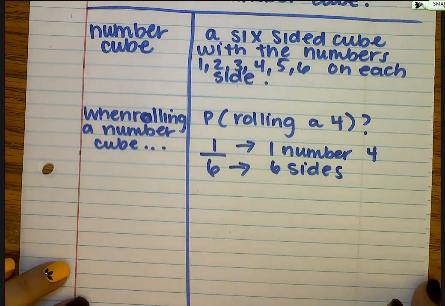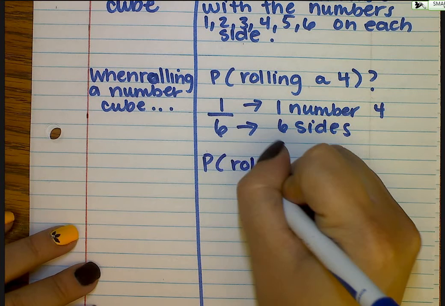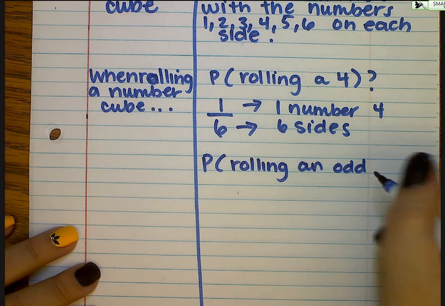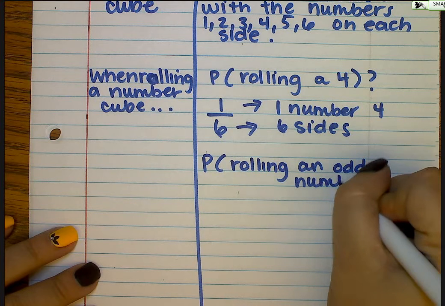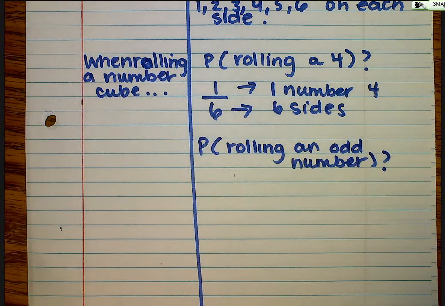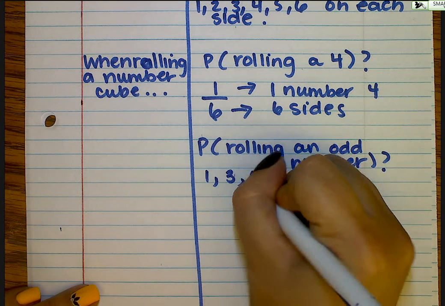What if I asked you about the probability of rolling an odd number? Well, on a cube we have the numbers 1, 2, 3, 4, 5, and 6. Of those numbers, 1, 3, and 5 are odd.